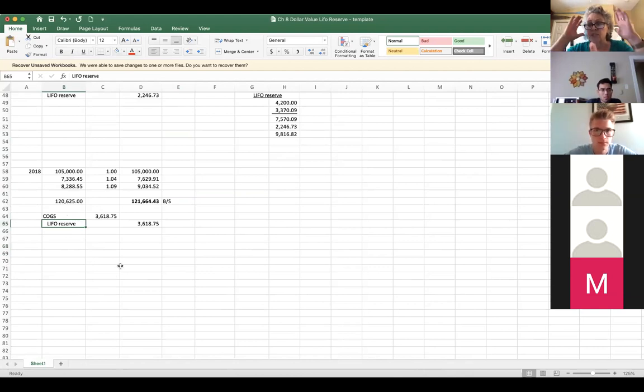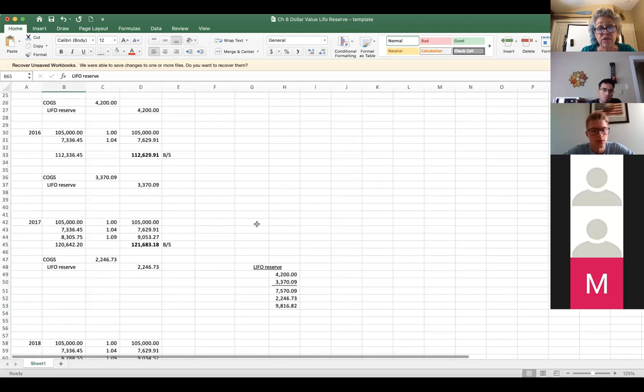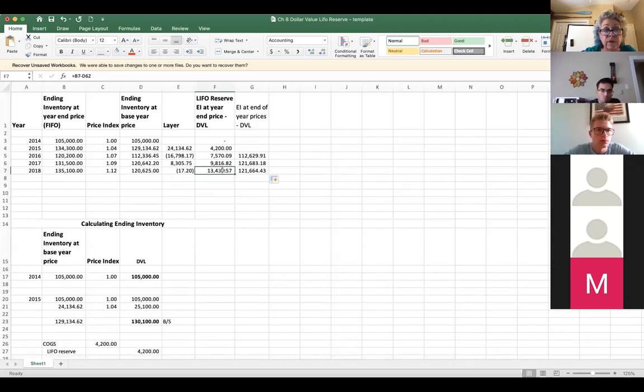That's why companies fear LIFO liquidation, because then your cost of goods sold becomes lower than it would be under FIFO, and that is what they don't want. So companies have to manage inventory really well when they're doing LIFO to make sure that they're not liquidating so much into those older prices to the point where they have to debit LIFO reserve and credit cost of goods sold in order to get what the ending balance of the LIFO reserve should be.